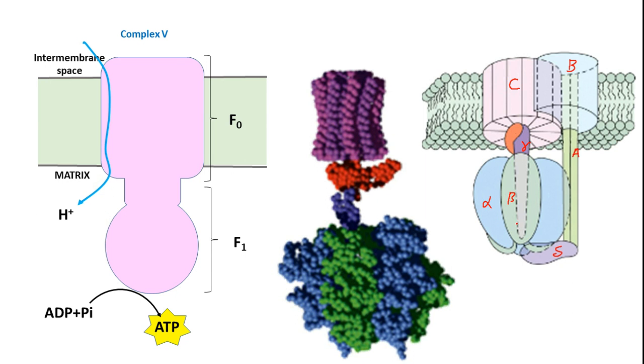Among these, the beta subunit contains the catalytic site. The beta subunit over here contains the catalytic site where ADP is converted to ATP. So friends, this is the mechanism via which ATP synthase works.